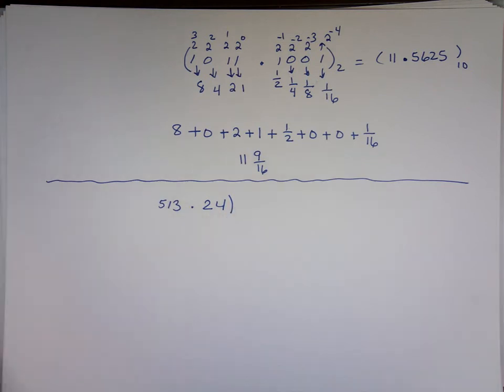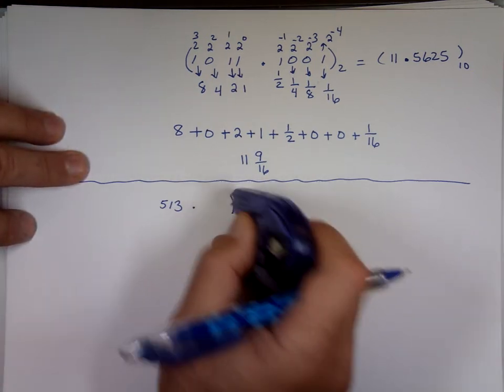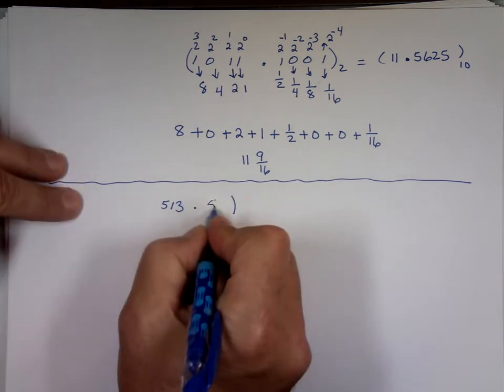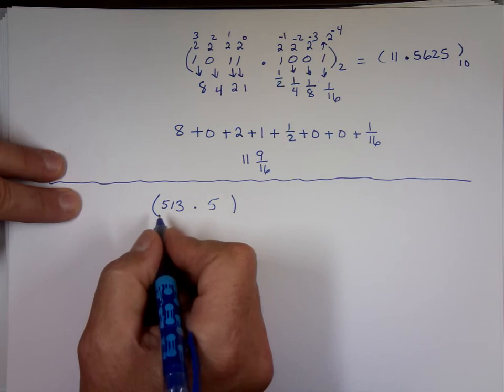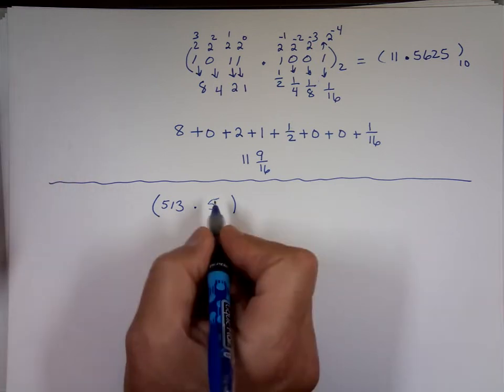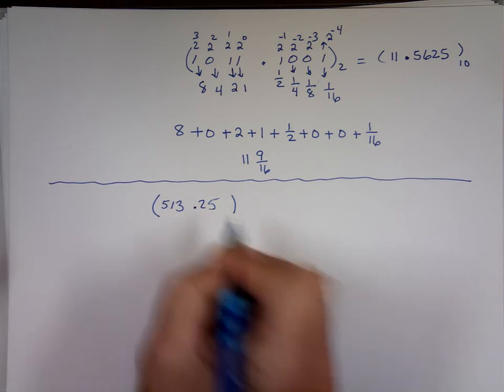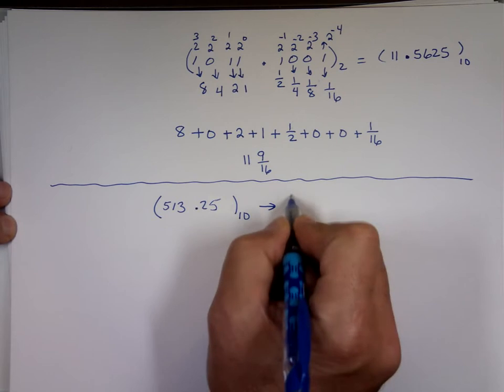Let me try something else. At 24, how about 0.5? 0.25, base 10. And I want to change that to base 8.